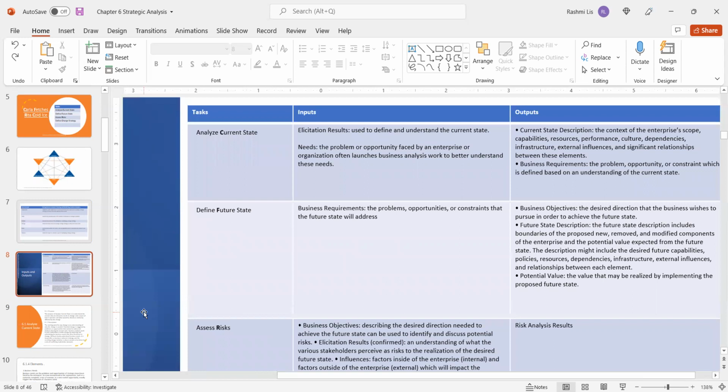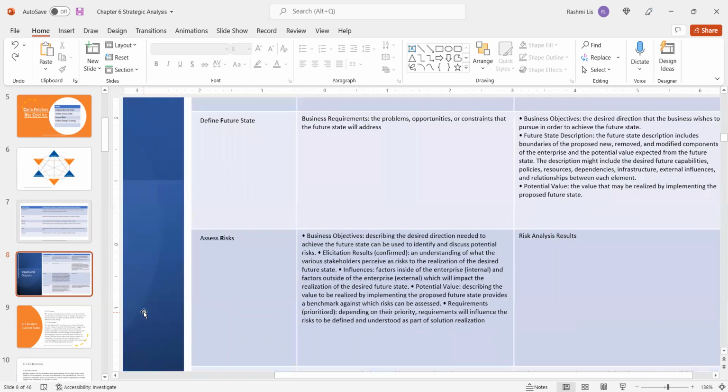For assessing risks, your inputs are business objectives, elicitation results confirmed, influences, and this is external, meaning factors inside of the enterprise, internal, and factors outside of the enterprise, external, which will impact the realization of the desired future state.